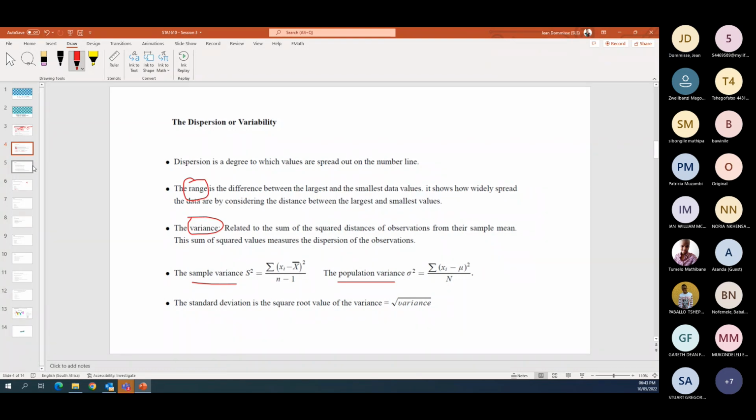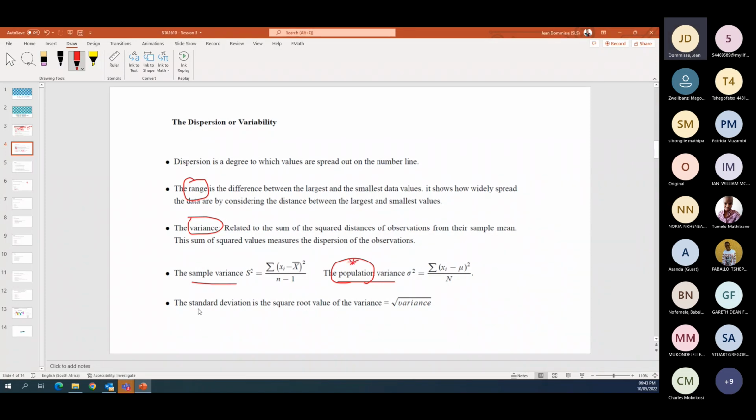In most of our instances, we will work with a sample because we will always work with a subset of data. If not, they need to tell you that we are working with a population. So we always assume we're working with a sample unless they tell us we're working with a population.